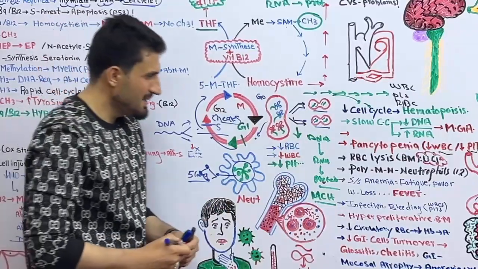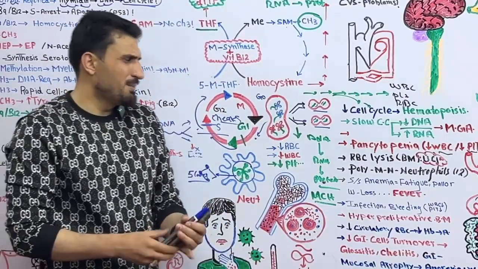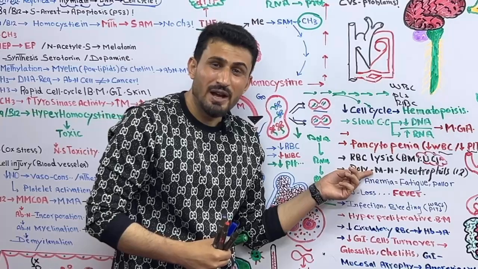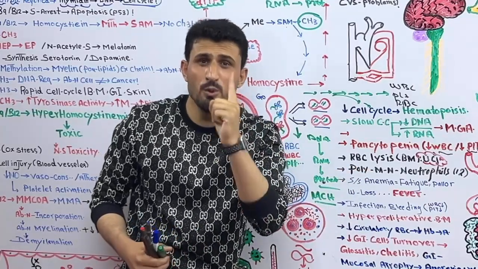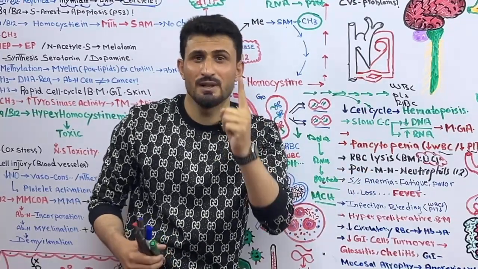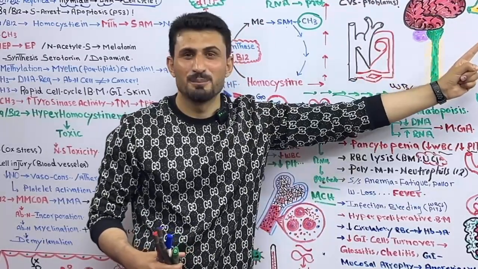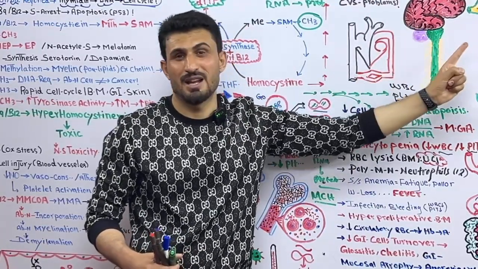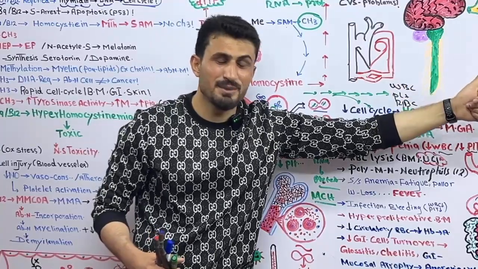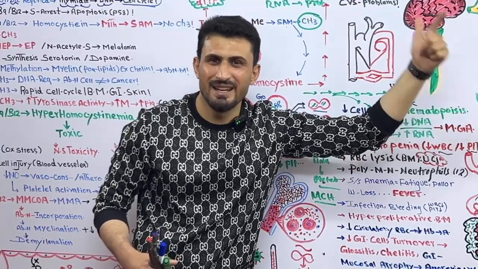Got it? So this is a very important diagnostic criterion. If you find only one polymorphonuclear neutrophil in the circulation, you can diagnose the patient as megaloblastic anemia, or as vitamin B9 and vitamin B12 deficiency anemia.